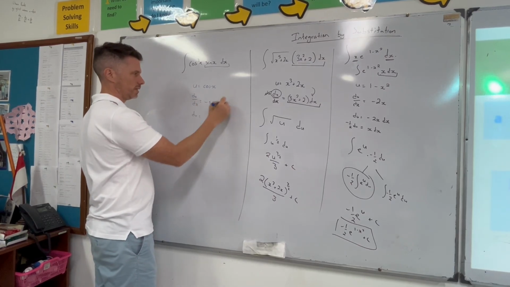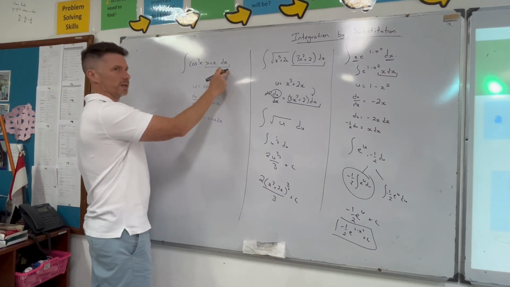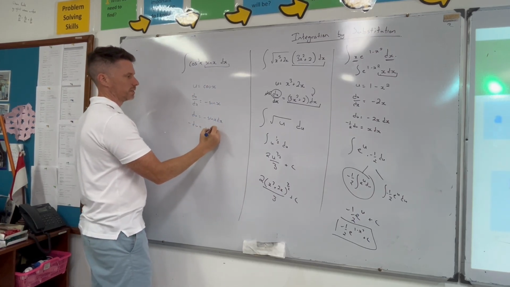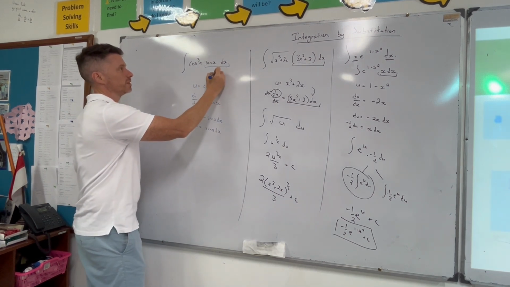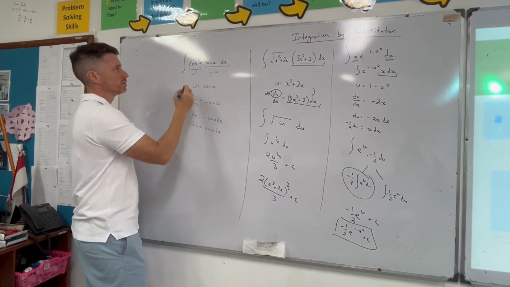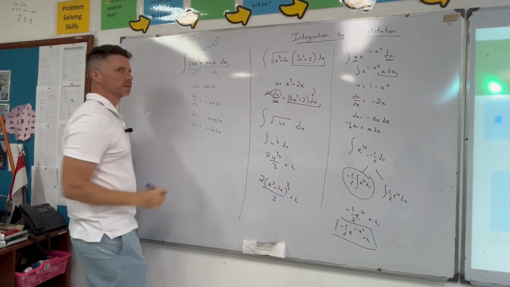And then du is negative sine x dx, which is okay. I can replace that if I just go negative du is sine x dx, yes? So now this can be replaced. This is negative du, and this is u cubed, isn't it? Because another way of writing cosine cubed x is cosine x cubed. It's the same thing.